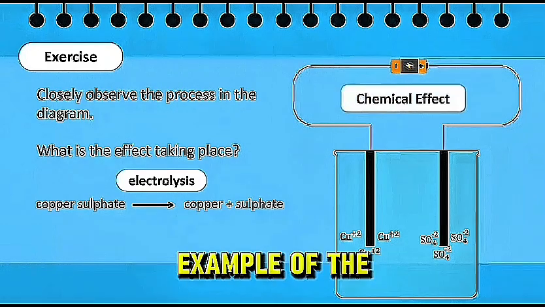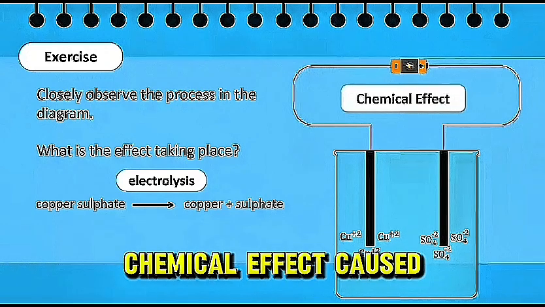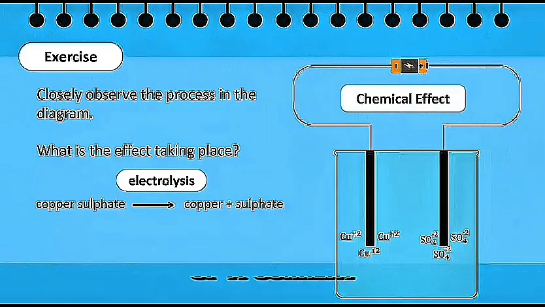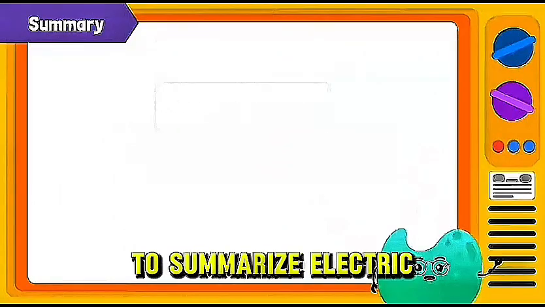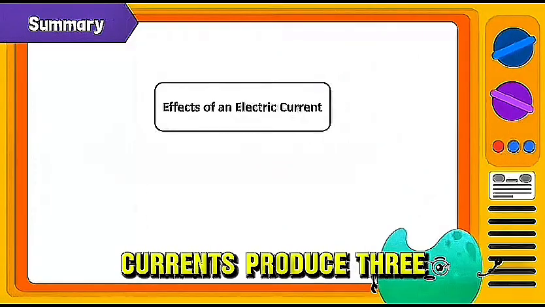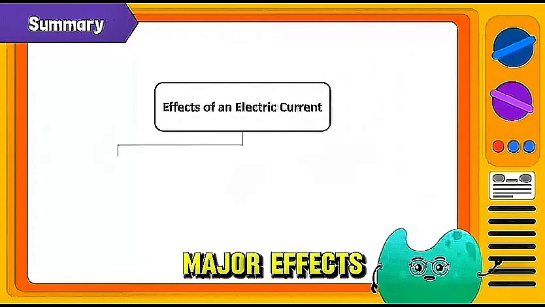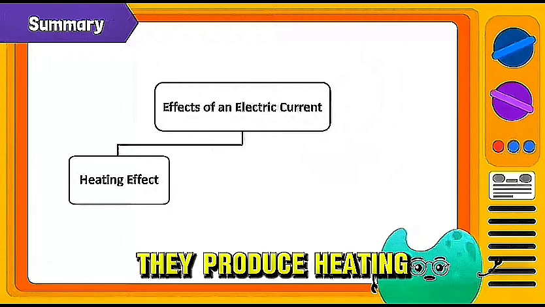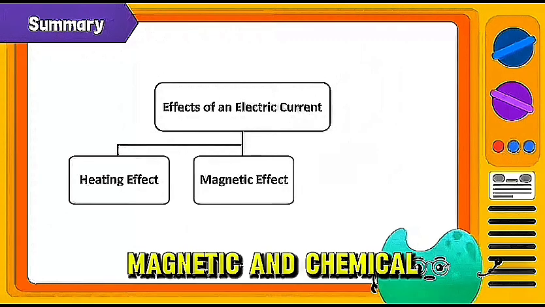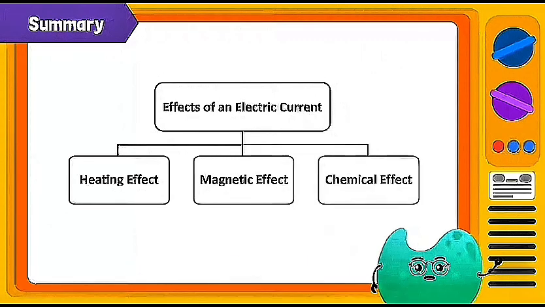This is an example of the chemical effect caused by the flow of a current. To summarize, electric currents produce three major effects. They produce heating, magnetic, and chemical effects.